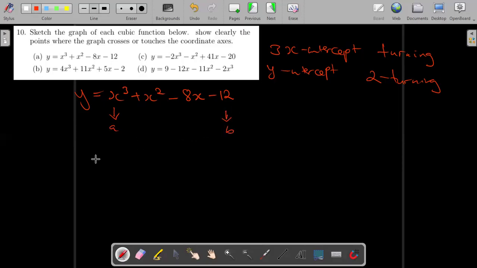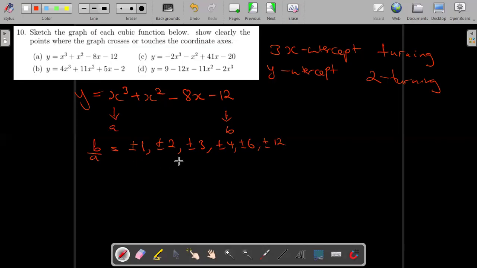I want to divide b over a, using all the possible factors of b and a. So that will be plus or minus those factors: plus minus 1, plus minus 2, plus minus 3, plus minus 4, plus minus 6, and plus minus 12.